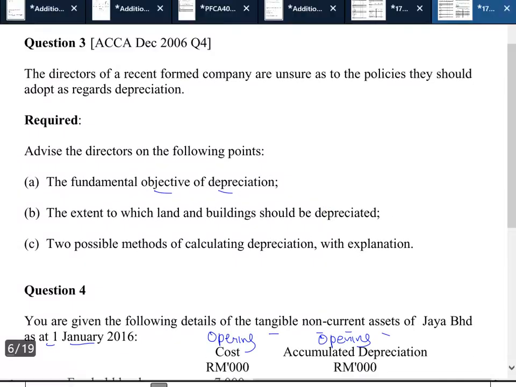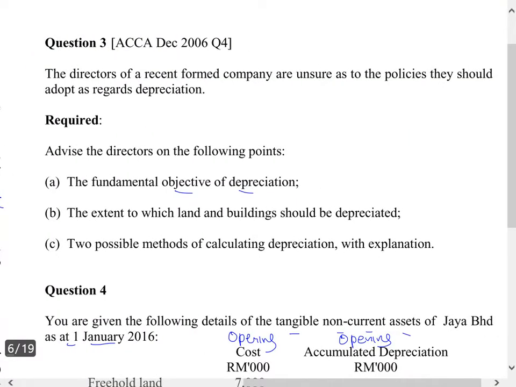The directors of a recently formed company are unsure of the policy they should adopt as regards depreciation. What's the fundamental objective of depreciation? Why do we depreciate? When I buy the asset, the value goes down, correct?